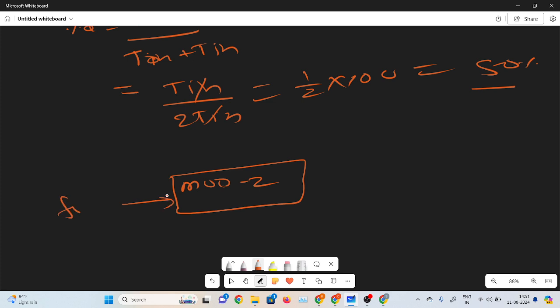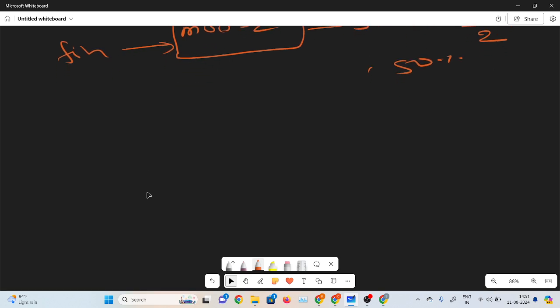This is the input frequency and this is the output. You should make a circuit like that, with f out equal to f in by 2 and 50% duty cycle. Of course, we can change the duty cycle with the help of a gate. No problem. So here I made the f by 2 circuit with 50% duty cycle.